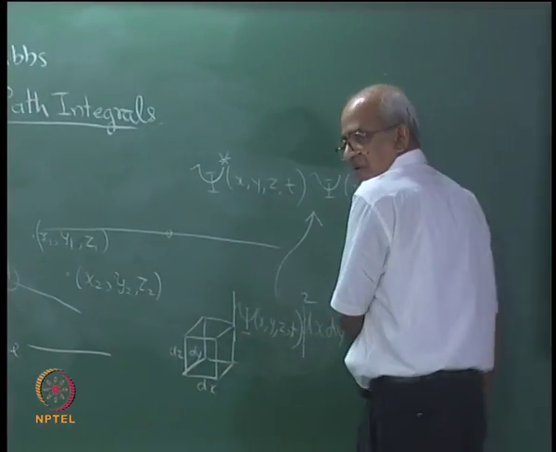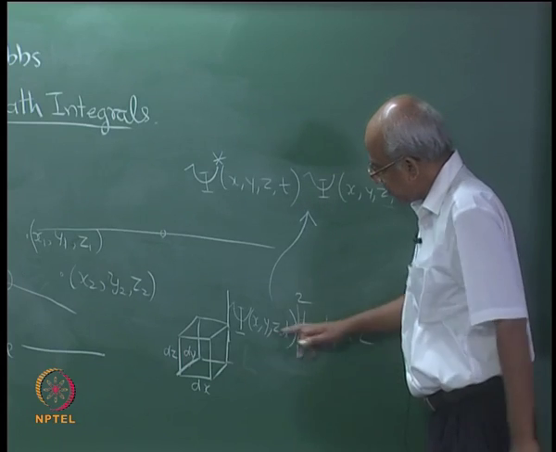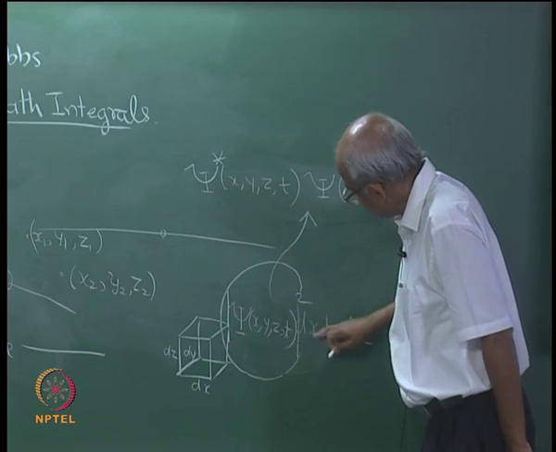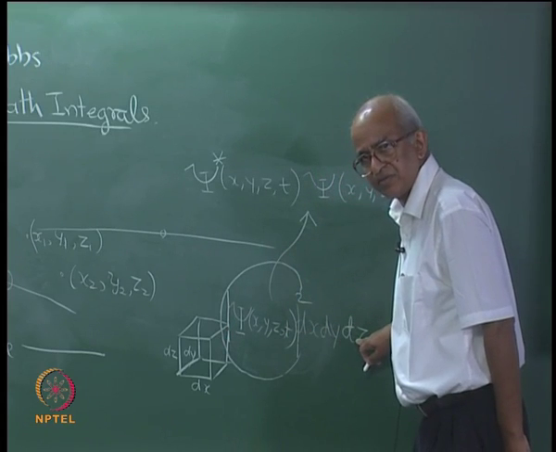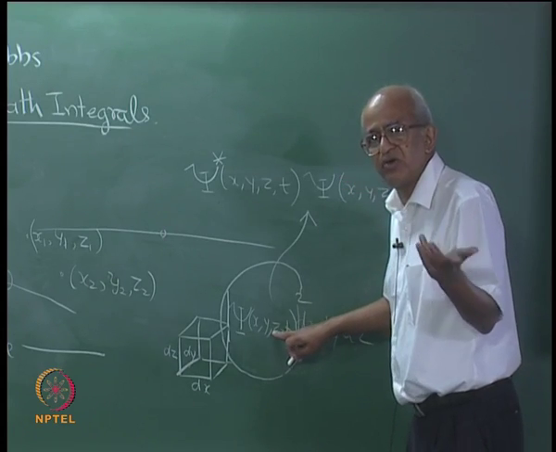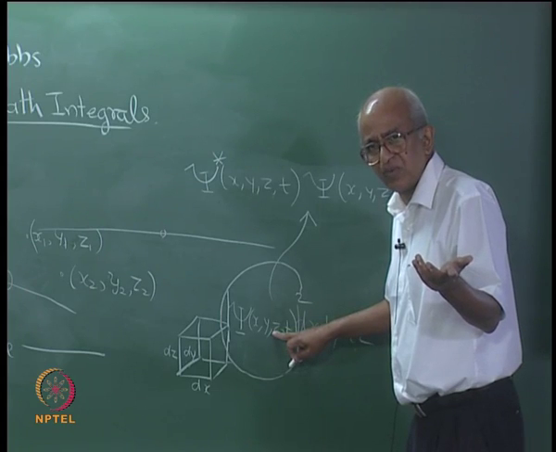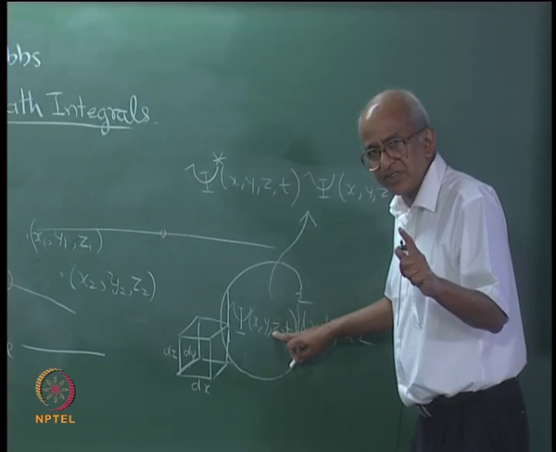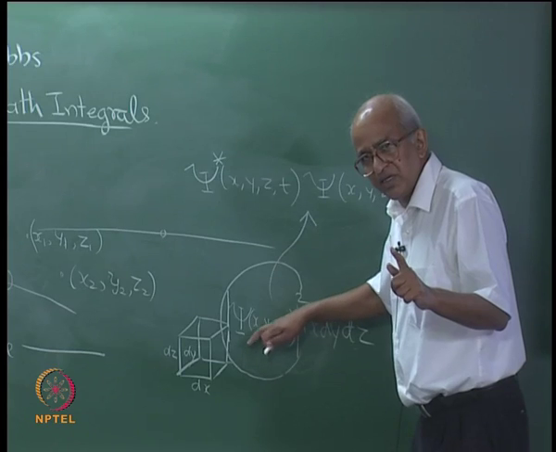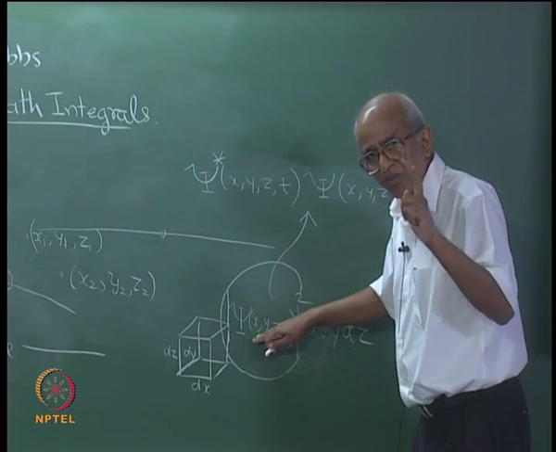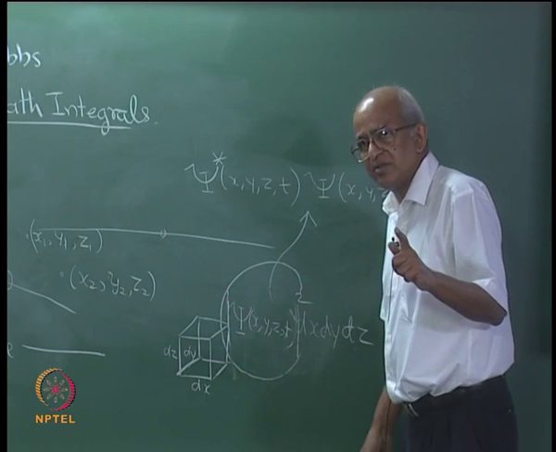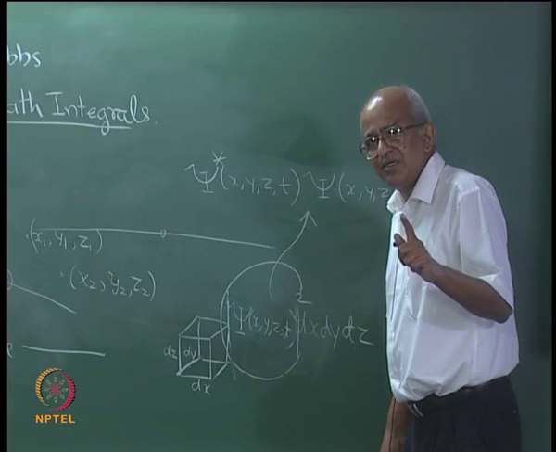Now, if you look at this expression, there is dx, dy, dz, that is a volume, and you multiply that volume by this factor, you are going to get the probability. Take the volume, multiply it by this object, you are going to get the probability, and therefore, this object is referred to as the probability density.